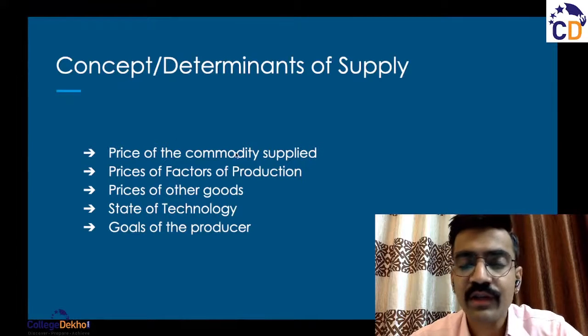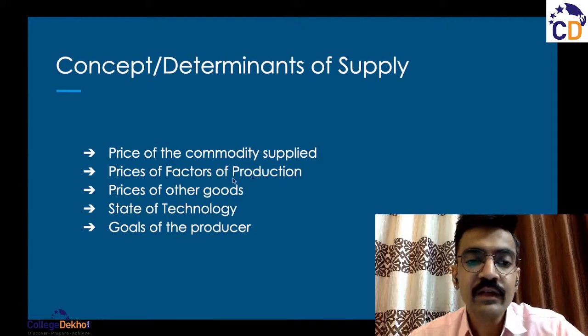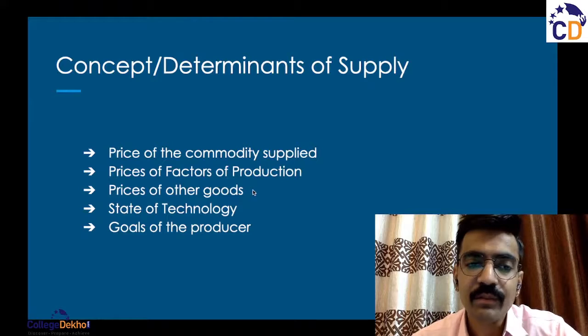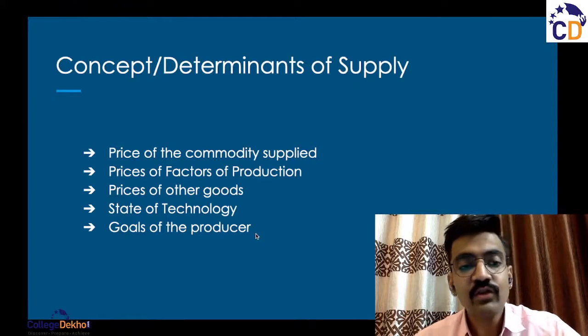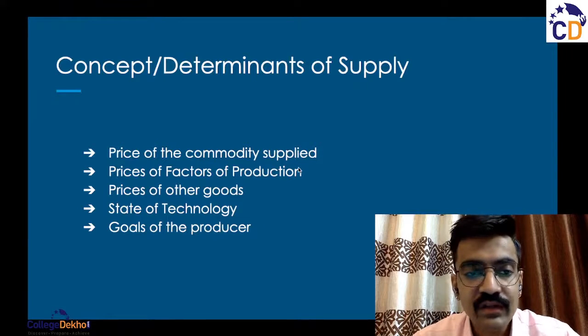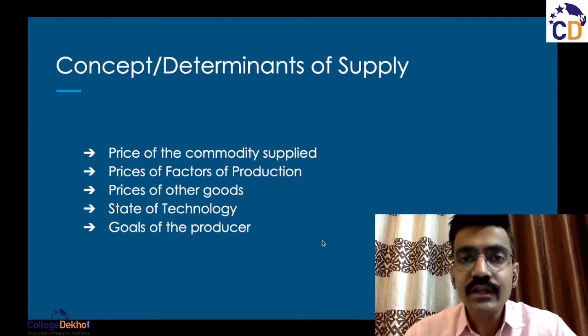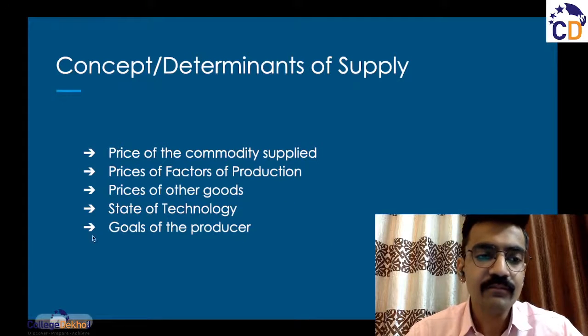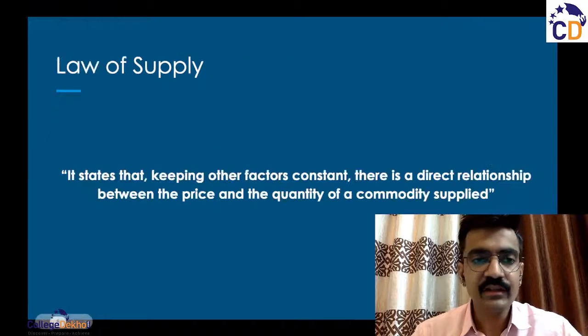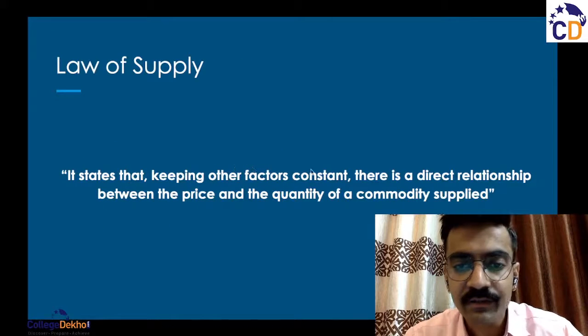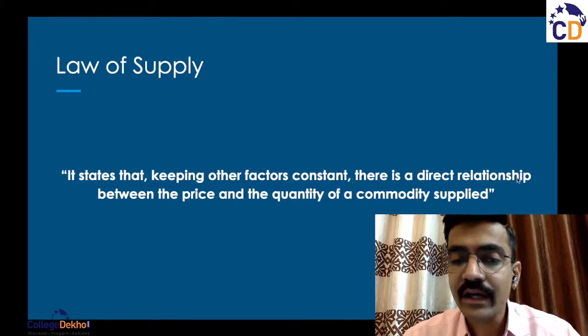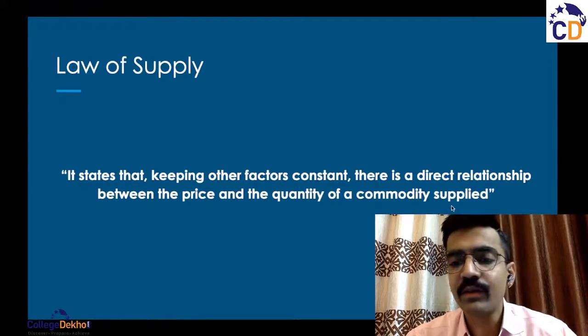So the price of the commodity itself, or the prices of the raw materials, the prices of other goods, complementary or supplementary, technology, change in goals of the producer. So keeping all of these last four factors constant, that there is no change in these four factors, it states that there is a direct relationship between the price and the quantity of a commodity supplied.